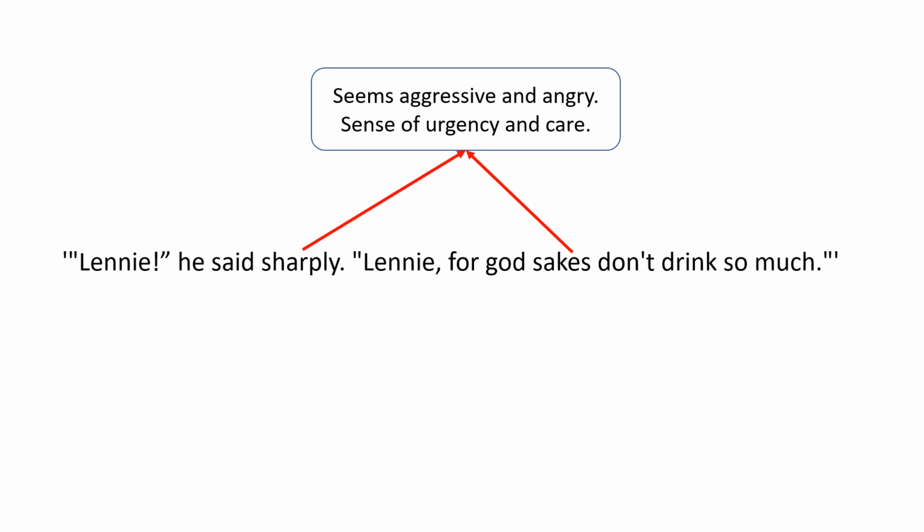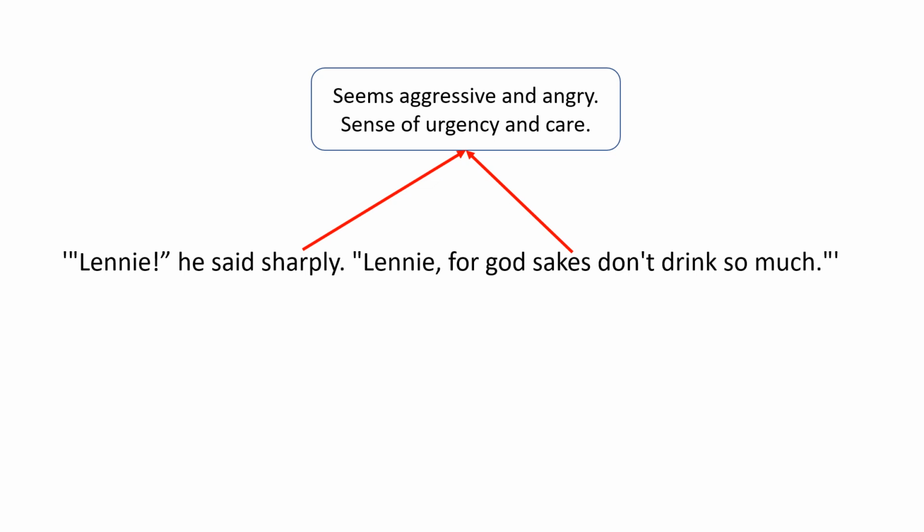Let's go back to the quote again. Now, our students in the previous exemplars both zoomed in on the adverb sharply. And so that's what I'm going to do. Now, we said that that adverb, along with the blasphemy, for God's sakes, seems very aggressive and angry. So George could be very frustrated with Lenny.